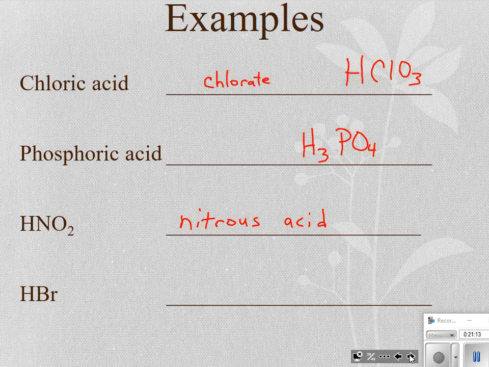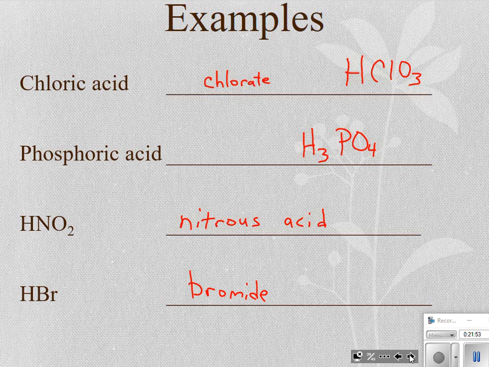Here is, I believe, our final example. HBr. Once again, how do I know that I'm identifying an acid? It begins with hydrogen. So I need to look at my anion. What is my anion in this instance? Bromide, right?